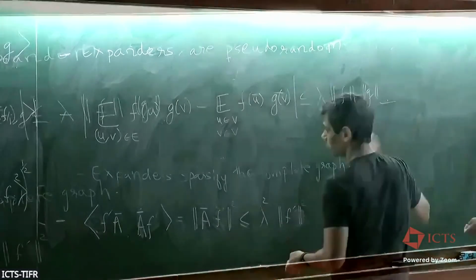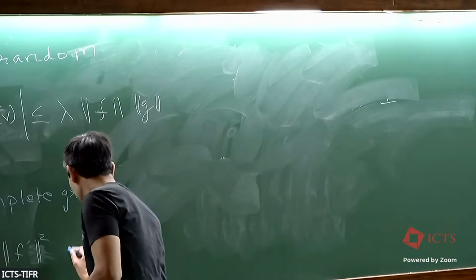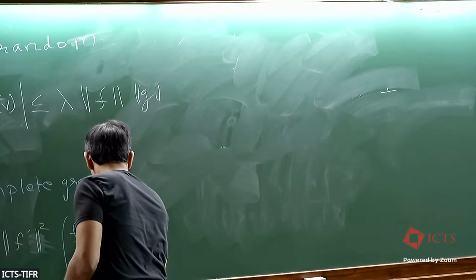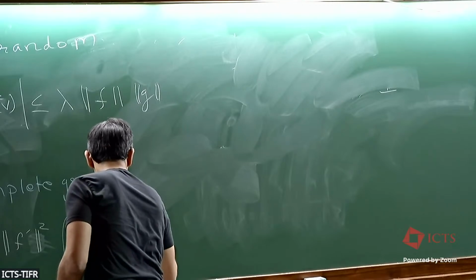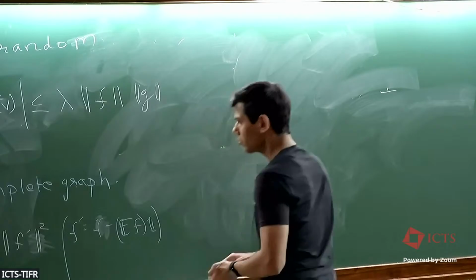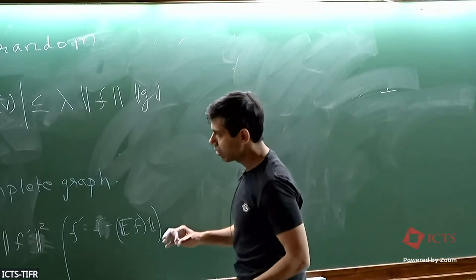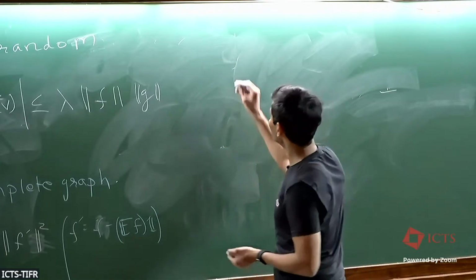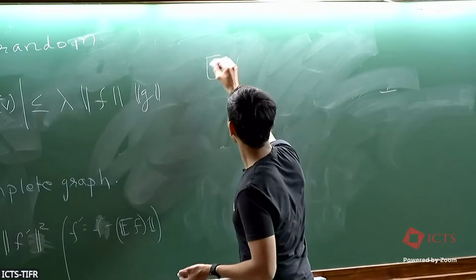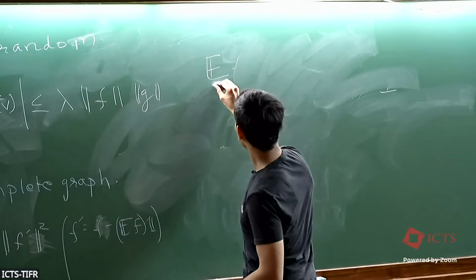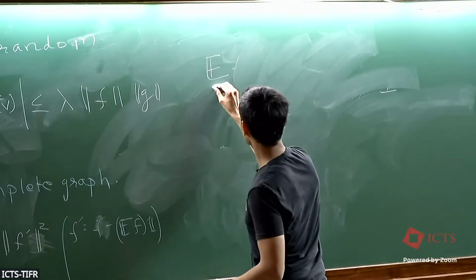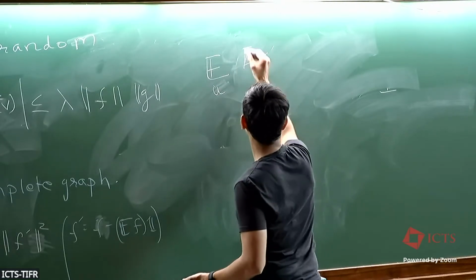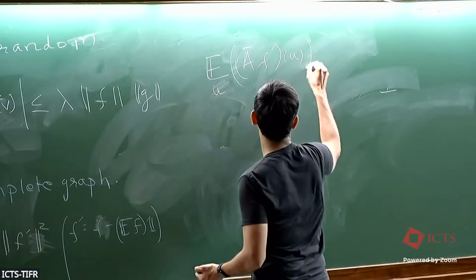So, let me write down. Now let's write down what the entries of this A bar f prime are. As I said, first of all, our inner product is an expectation over U. And we are going to look at A bar f prime of U, whole squared.